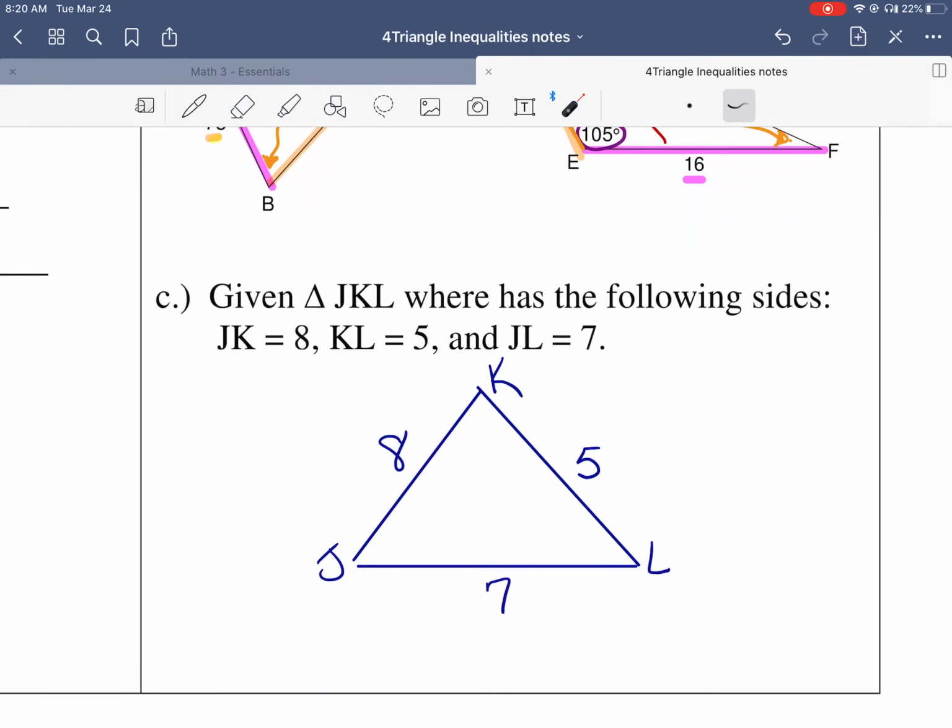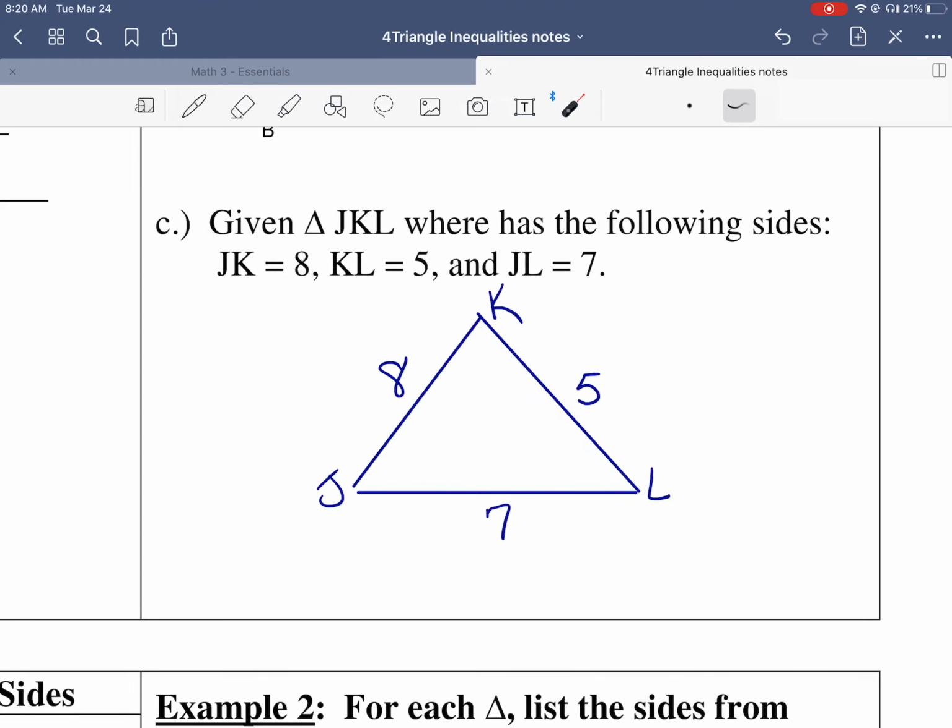Okay. All right. Sometimes you'll be given the word problem and not the picture, so you have to draw the picture out. So it says given triangle JKL. So here's my triangle. It says JK is 8, KL was 5, and JL was 7. I've already drawn it out, as you can see. All right, we're doing largest to smallest. Largest is 8. Across from there is L. Between 7 and 5, 7 is the next biggest.